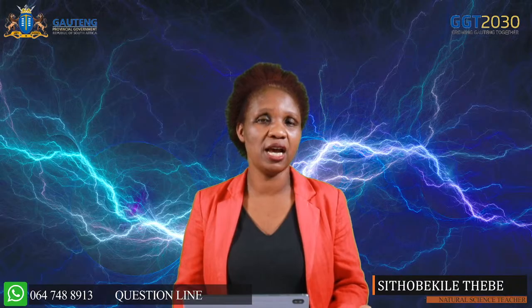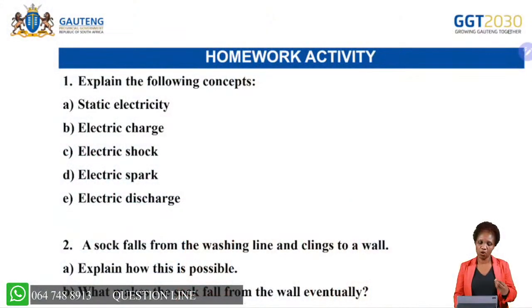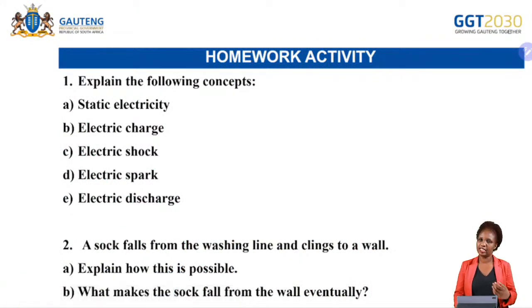And then we've got a homework activity. I want you to answer these at home, but now you are going to copy them. Let's check the questions together. Question number 1 says, explain the following concepts. A, static electricity. B, electric charge. C, electric shock. D, electric spark.